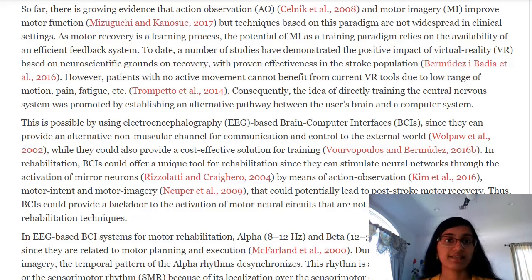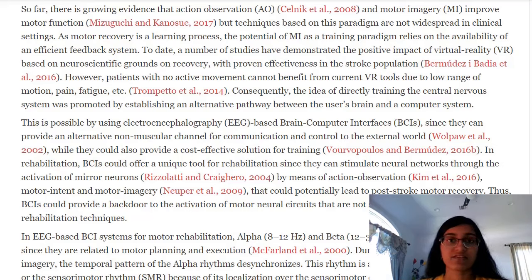And motor imagery is an idea that works off of action observation. You might have heard of it as image training in sports. It can be used to train a person for physical movement.